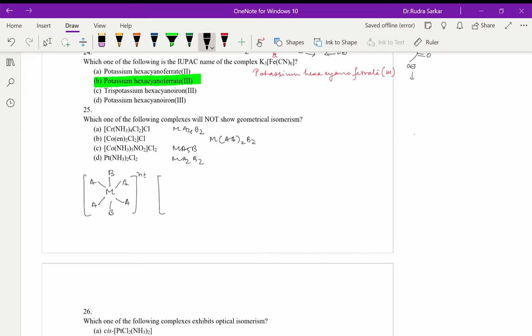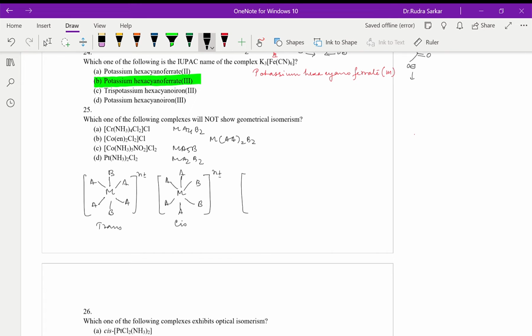And another arrangement obviously will be the cis one, where the angle between the two B atoms is 90. So this is trans and that is cis. So obviously it is showing geometrical isomerism.